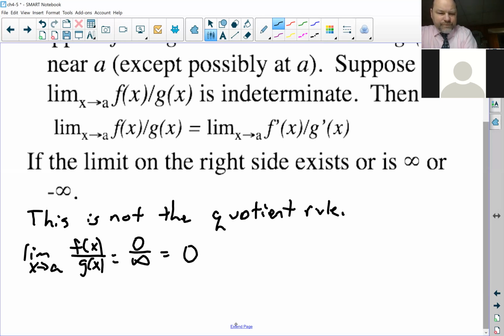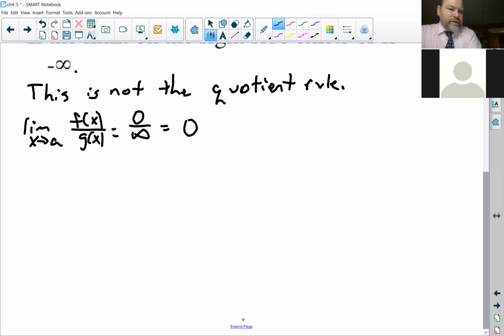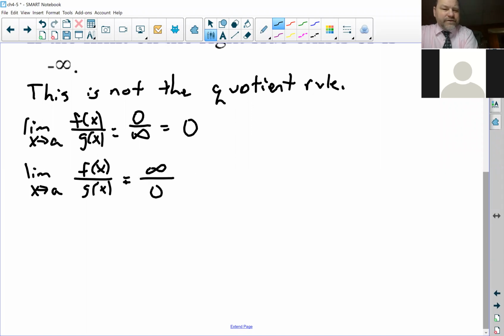That would be 0. And if we had the limit as x approaches a of f of x over g of x, and we got infinity over 0, again, not indeterminate, that actually goes to infinity.